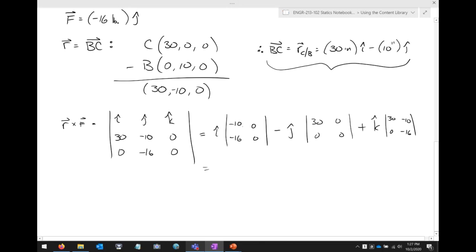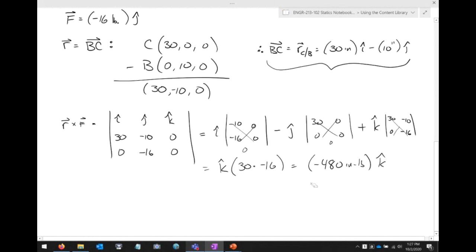And so for this term, you're going to get 0. That term, you're going to get 0. And that, you're going to get K, and it's 30 times minus 16, which is minus 480 inch-pounds times K.